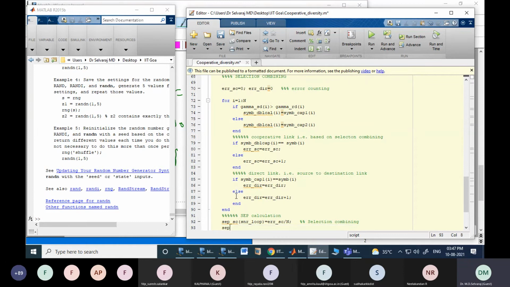And for SCP underscore dir, SNR underscore loop is equal to error underscore direct divided by n. This is for the direct link, that is, the source to destination link alone, without relay.